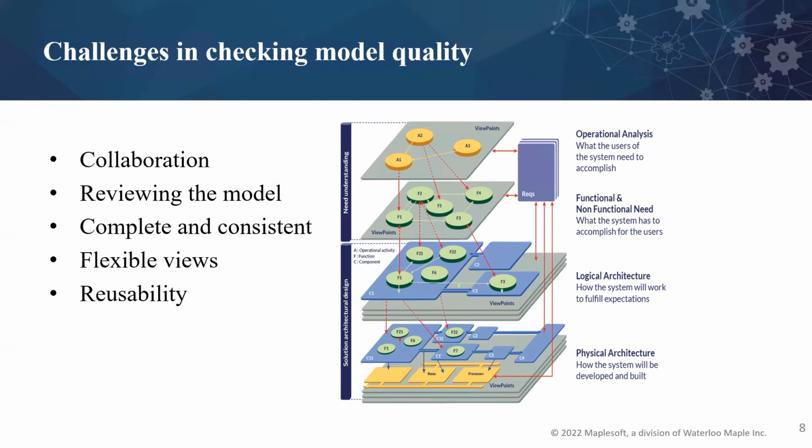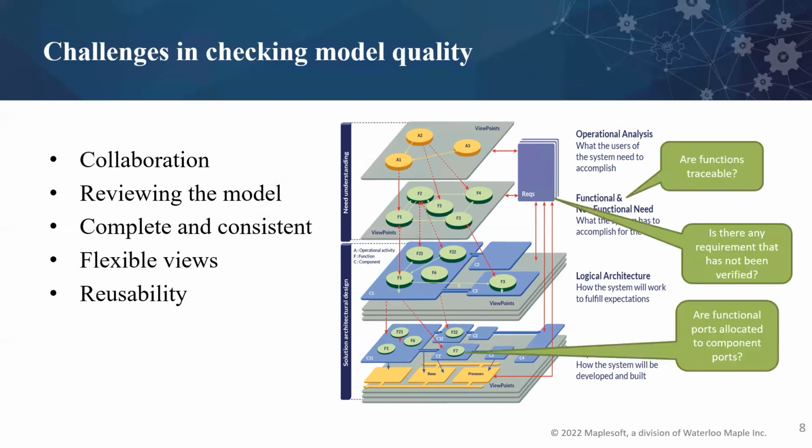But this is again challenging in traditional tools, because the whole model is continuously evolving, with different users interacting with the model and so on. MapleMBSE can help you address all these challenges, and in the following slides, we will see how.